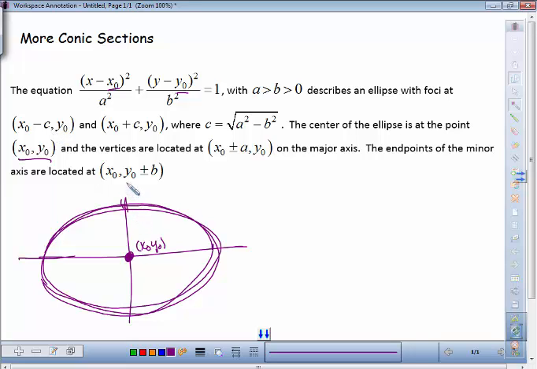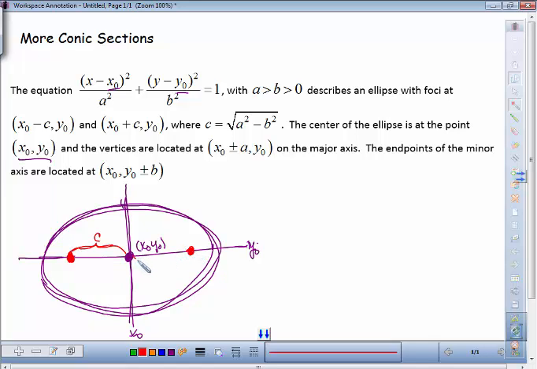So if this here is your x naught and this here is your y naught, then there's going to be some distance c, where the distance is measured from the center point to some value called the foci, focus point.